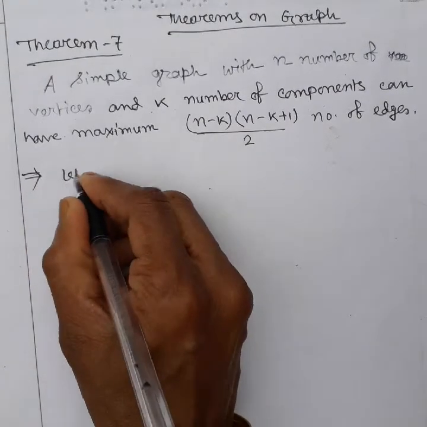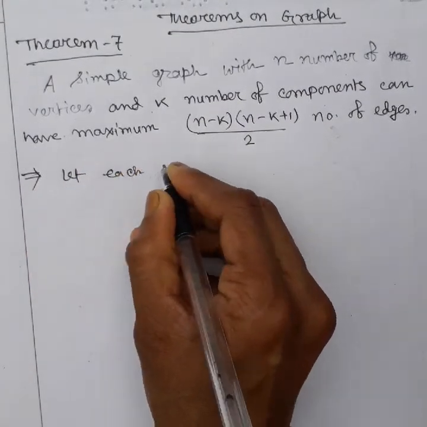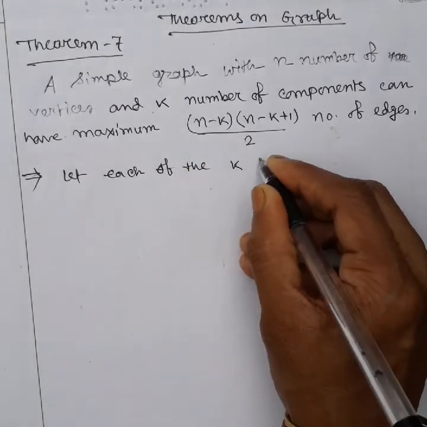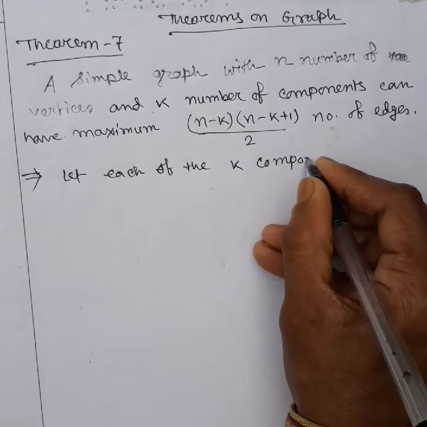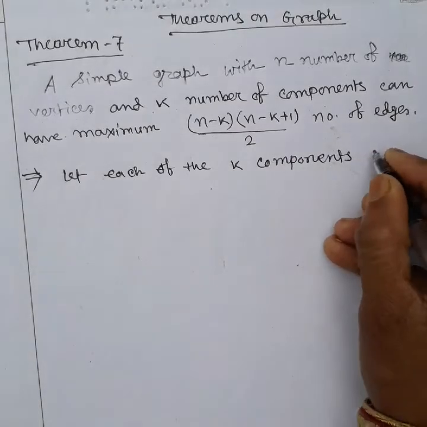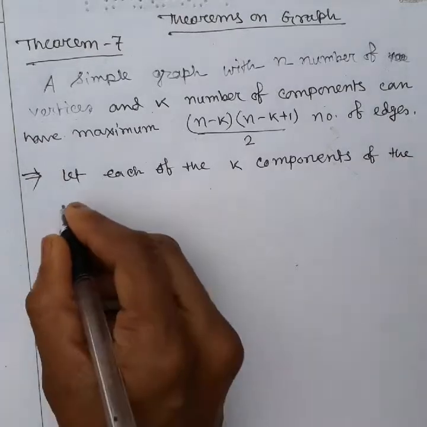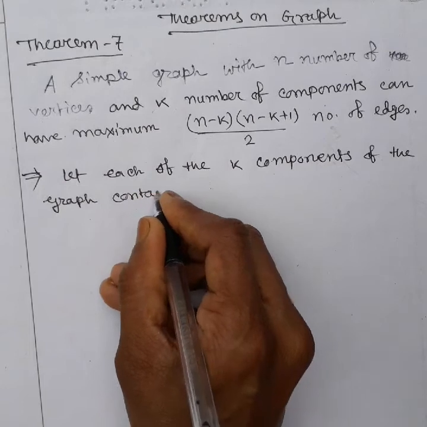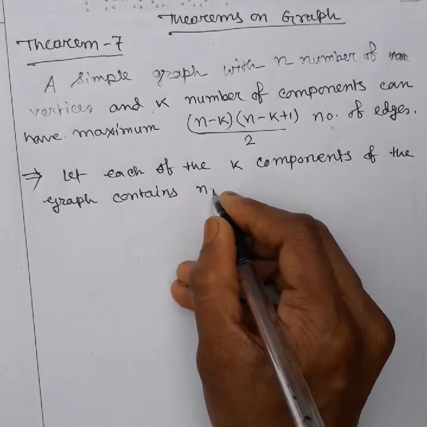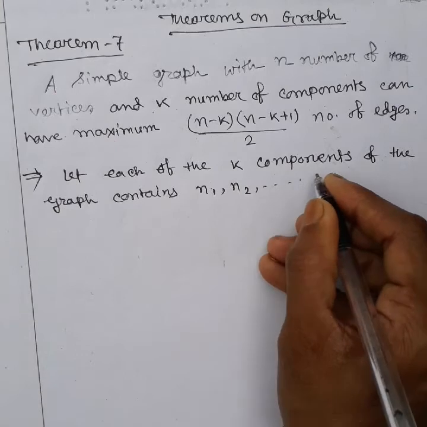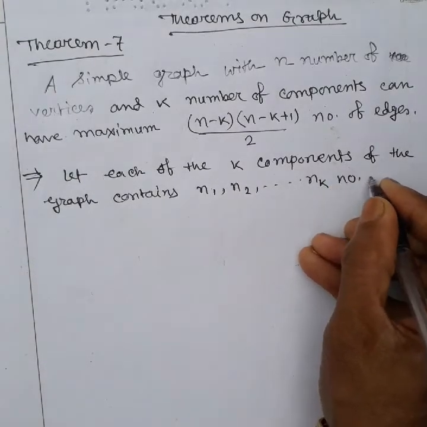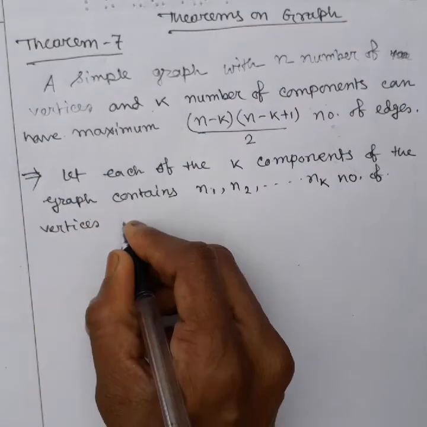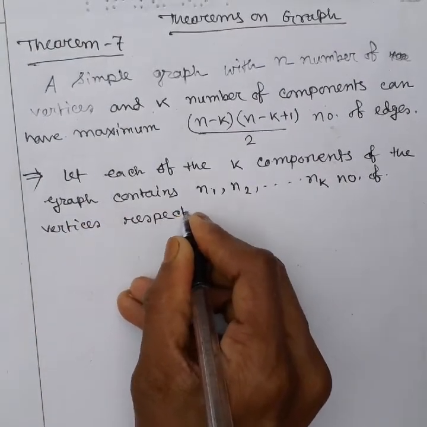Now let each of the k components of the graph contain n1 up to nk number of vertices respectively.